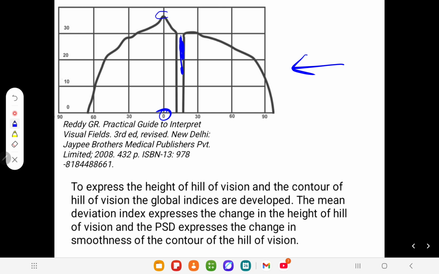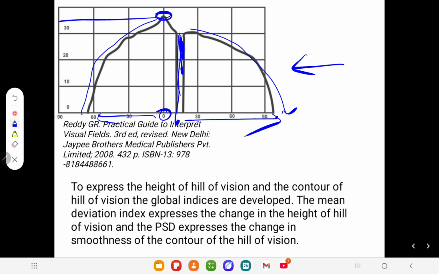And here the field of vision is maximum at the peak, corresponding to 34, 35 decibel. As you move towards the periphery, the field of vision goes down. So this is the blind spot, and again it goes down. Temporally there is a lot of space, isn't it? And the blind spot always lies temporal to fixation.